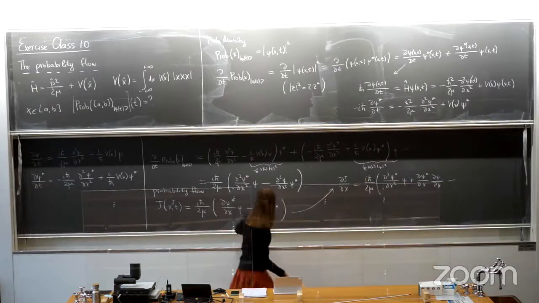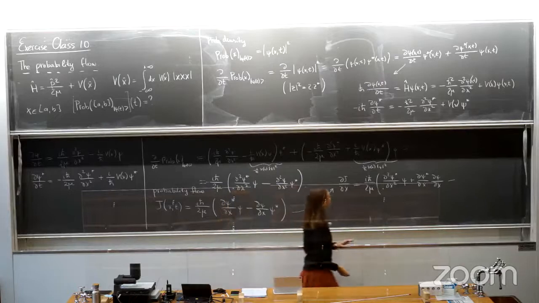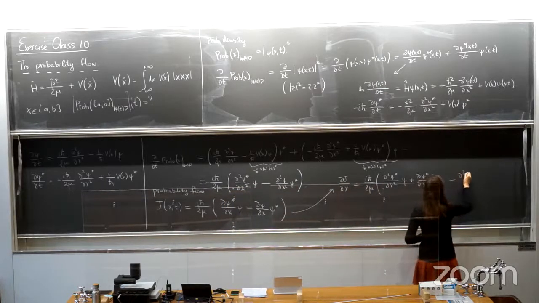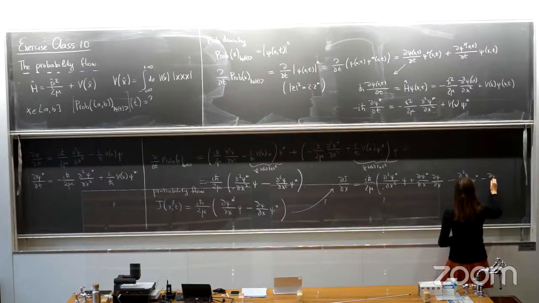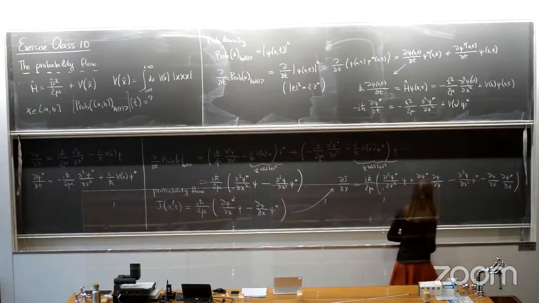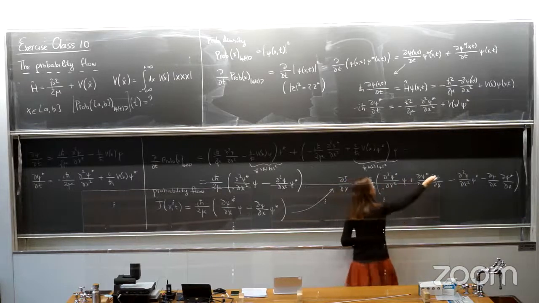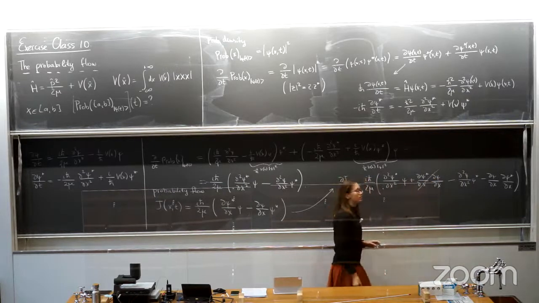So first we take the derivative of the first component, d2 psi dx squared psi star minus d psi dx d psi star dx. So these two elements in the sum all cancel out.